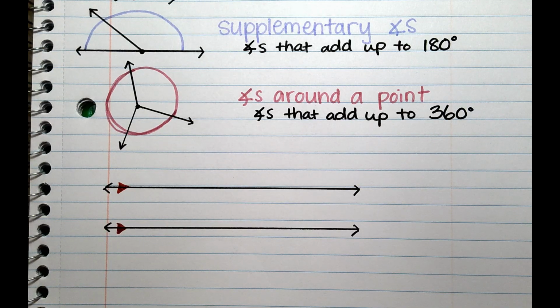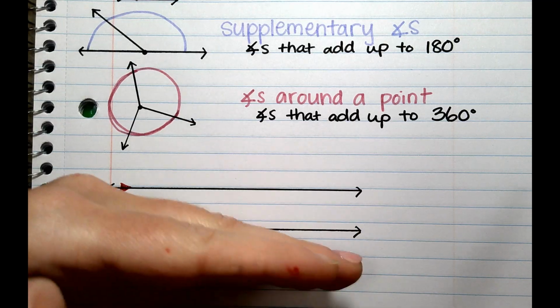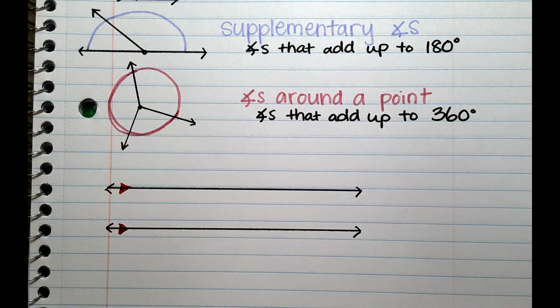These lines are what we call parallel. Anybody ever heard that word, parallel? I bet you have. Parallel parking. Yeah. These are parallel lines. So they are like exact copies of each other. They're going at the exact same angle.